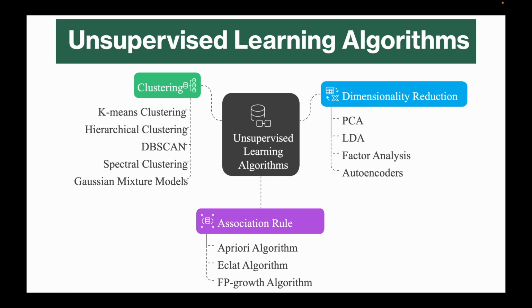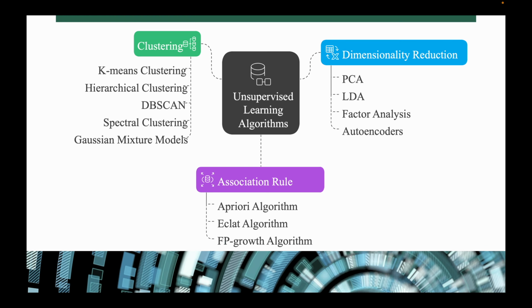In dimensionality reduction, we have principal component analysis, PCA, linear discriminant analysis, LDA, factor analysis, autoencoders, and so on. These are some of the unsupervised learning algorithms, and each algorithm has different strengths depending on the dataset and the goal. I will make separate videos for these algorithms, so keep watching my channel.